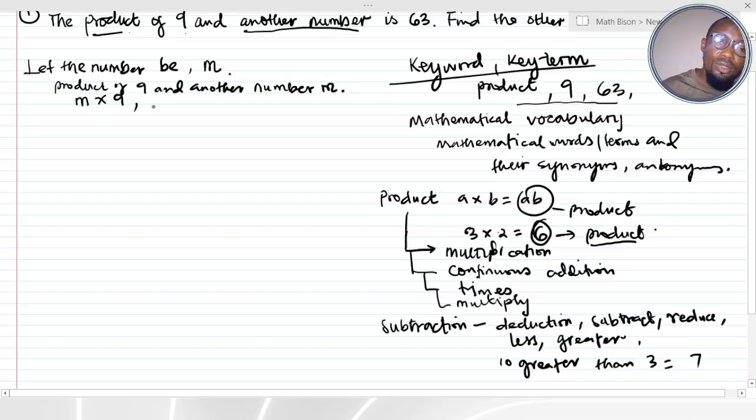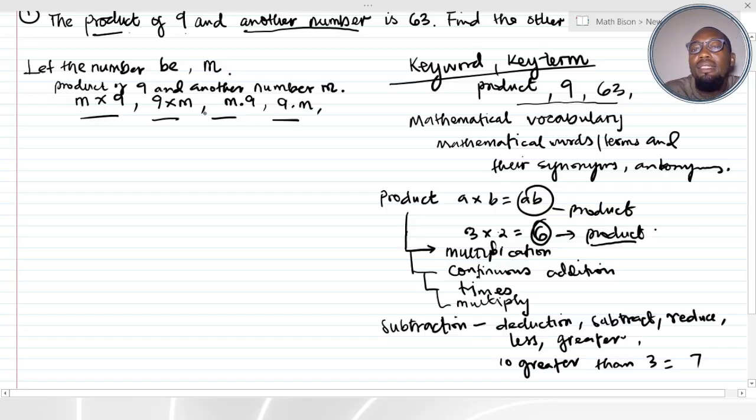It can also be expressed as what? 9 times M. It can also be expressed as what? M dot 9 or 9 dot M, because the dot can be times, especially in some advanced works. So what are we talking about? Once you have done this, you are already getting ahead. Then the answer is 63.